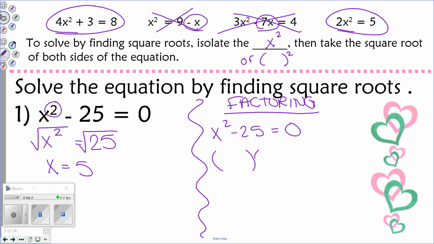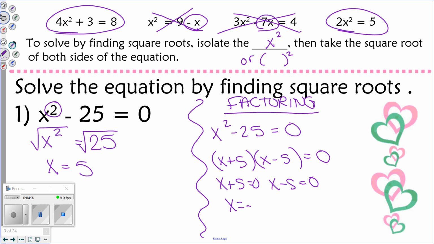How does that one factor? That's a difference of squares. So then you would set each one equal to 0 to solve. You would tell me that x equals negative 5 and 5. I got the 5. Which one was I missing? The negative 5.